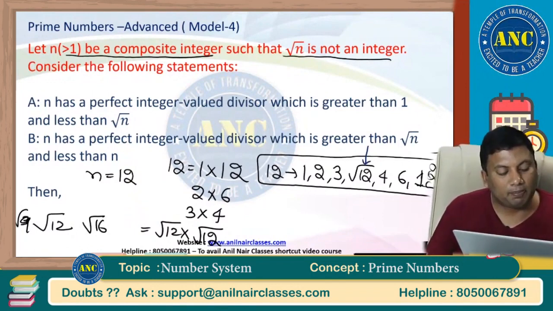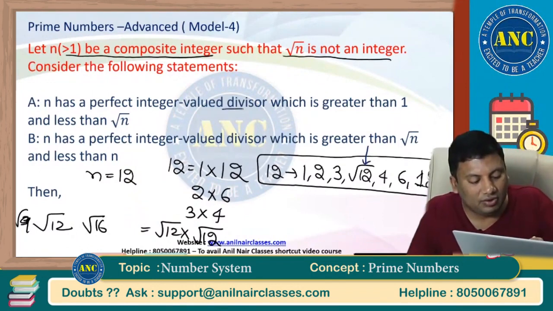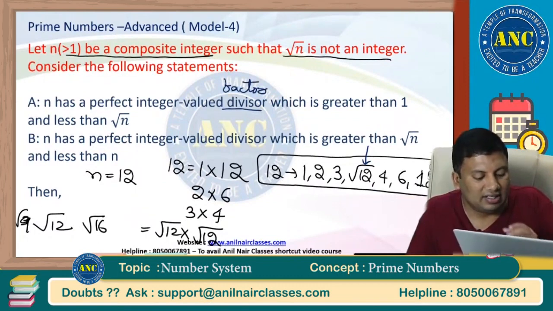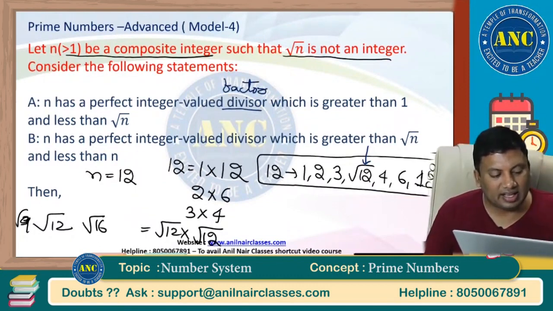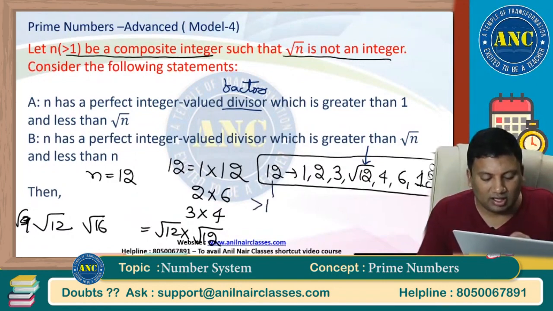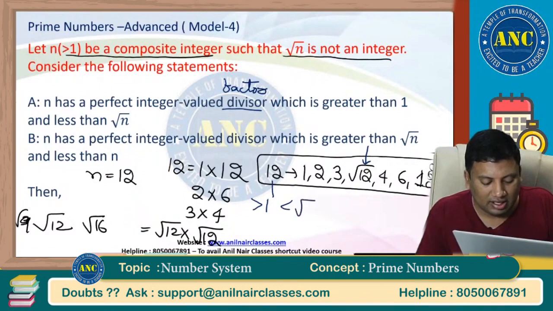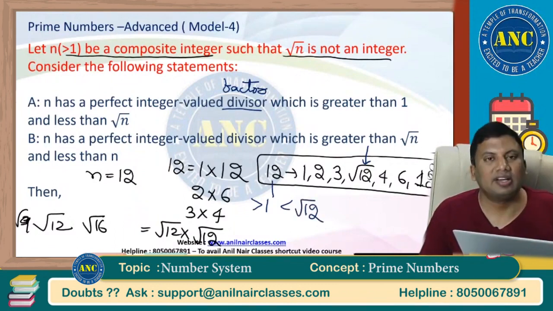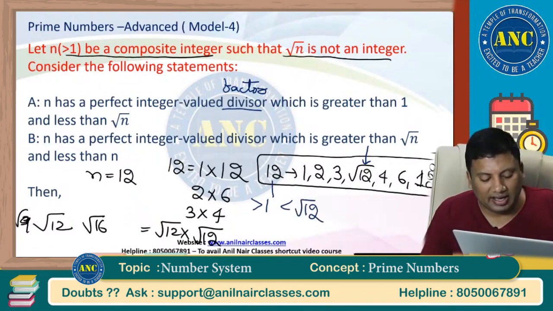N has a perfect integer valued divisor greater than 1 and less than root n. Are there any factors of 12 greater than 1 and less than root 12?